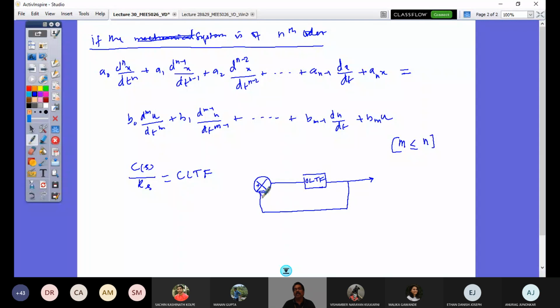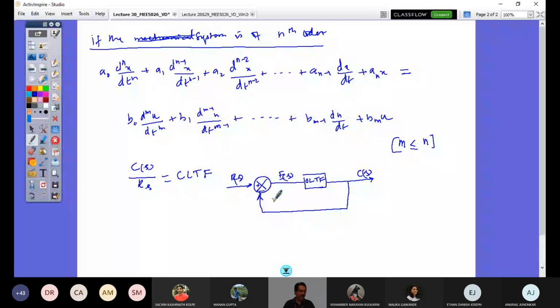It is unity. So this is my system. This is R of S, and when this comes, you have E of S here, and this is C of S. So this is the output and this is the input. This ratio for this unit input is again a closed loop transfer function.